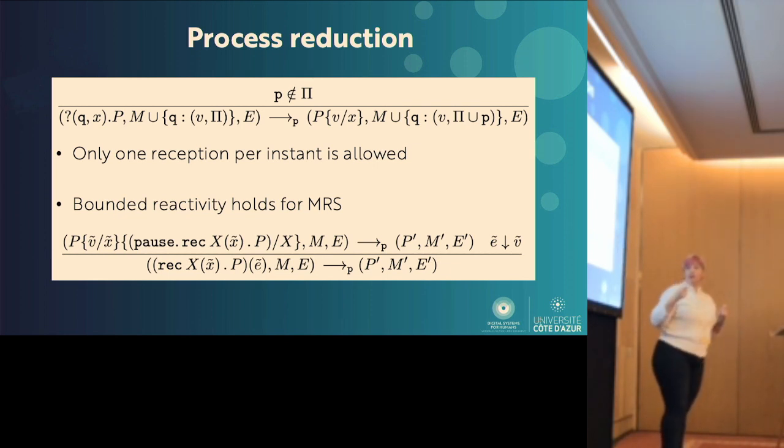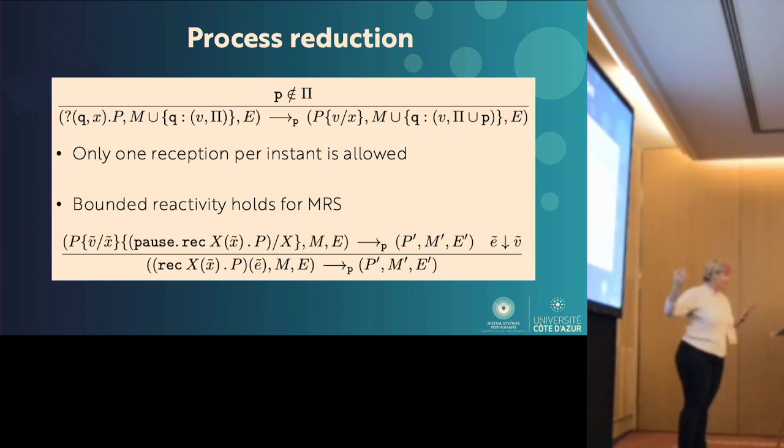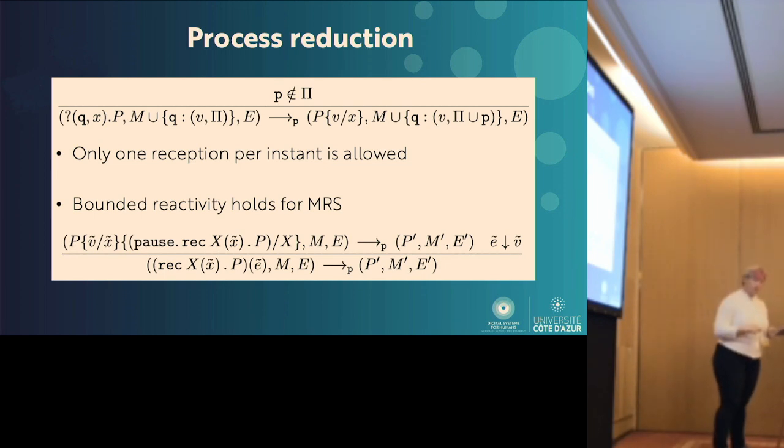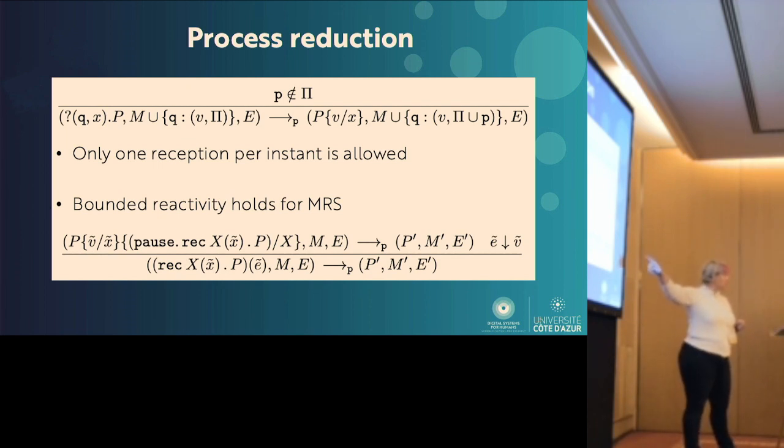This is actually the key part to prove that we have bounded reactivity, because if we didn't have this, then recursion could possibly be infinite. So this is the key point, and that's why I wanted to put it out here. And this is also why we need to have that pause in the global type before the recursive variable.